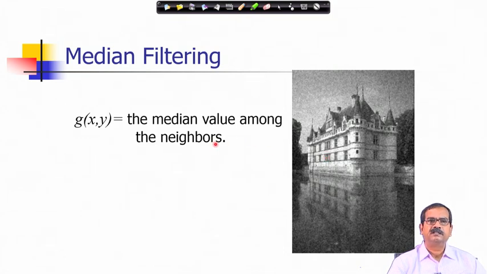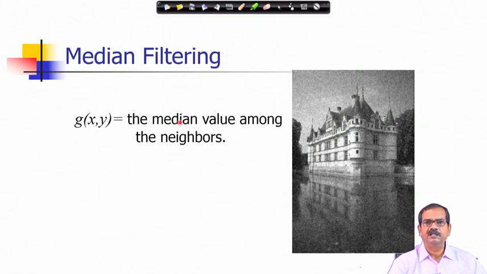Median filtering is another kind of computation which does not use convolution. Rather, it is very simple to describe what it does. It computes the median value among the neighboring pixels and replaces the original value by this median value.